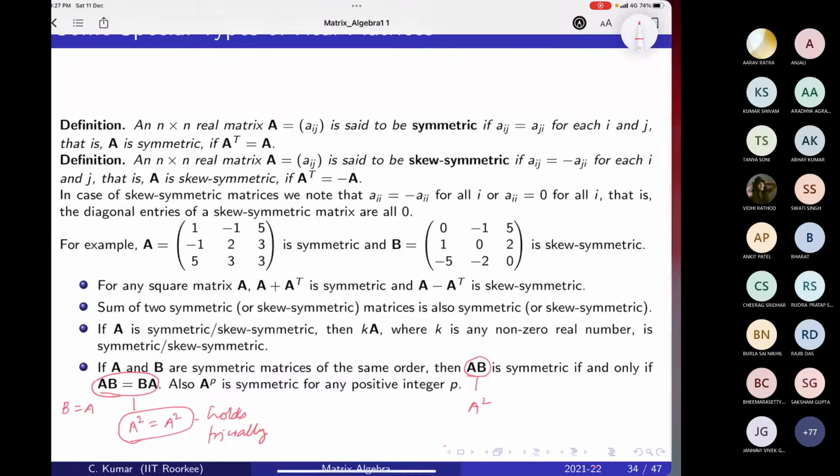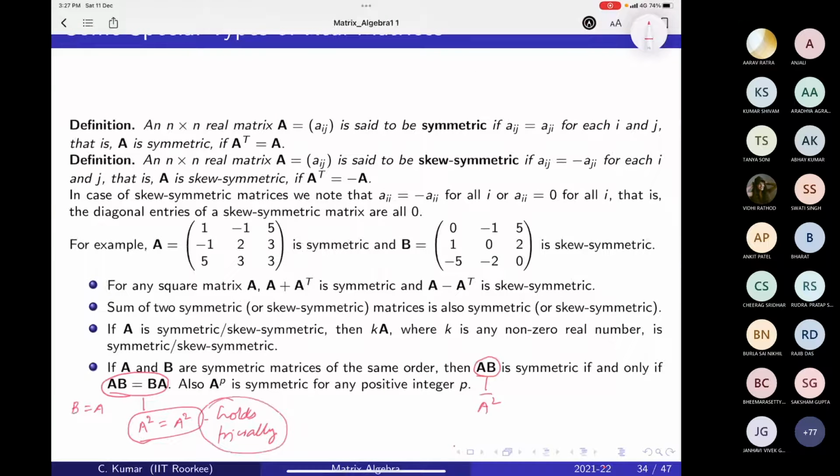And if this holds, then we can say that AB is symmetric. AB is symmetric means A square is symmetric. So from here we get that A square is symmetric. Up to now this is fine.